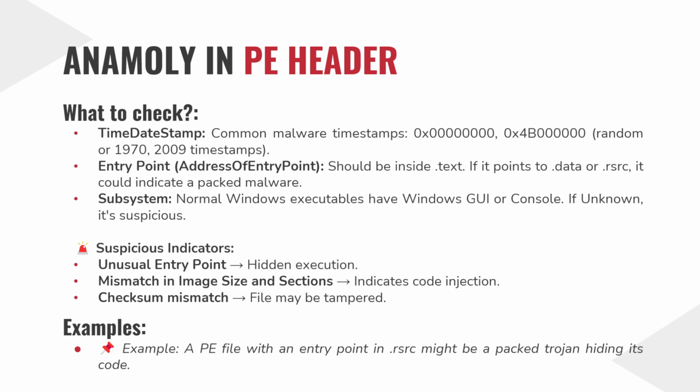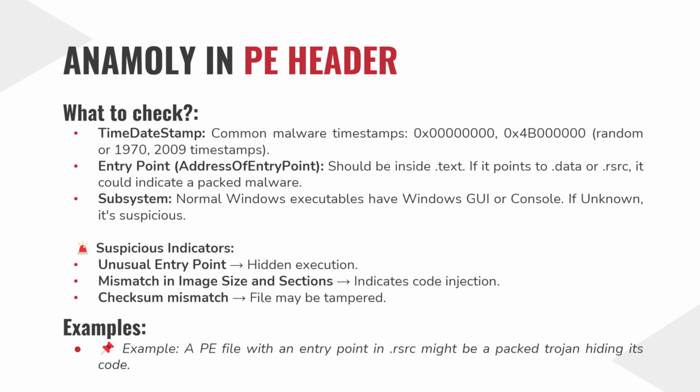The anomalies to notice in the PE header are, first, the time date stamp. Common malware time date stamps like 1970 or 2009 or even 1992 are used by generic packers. So if these timestamps are used, then there may be an indication that these suspicious samples are altered.